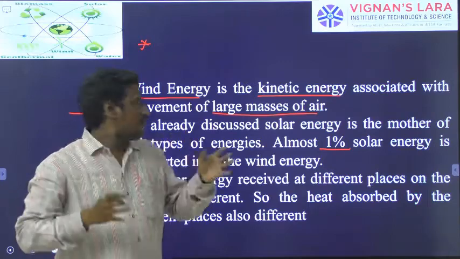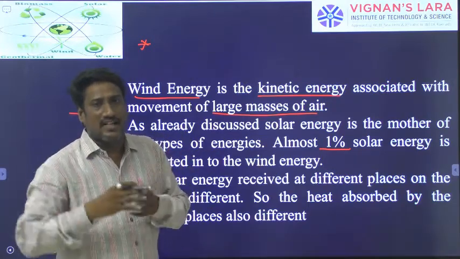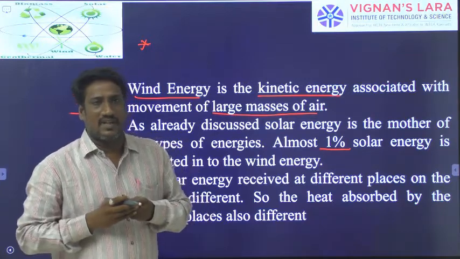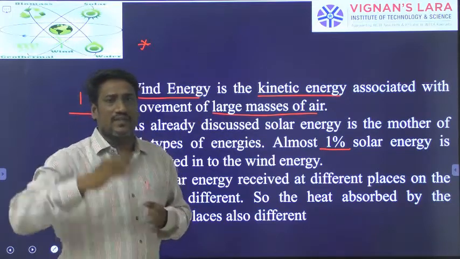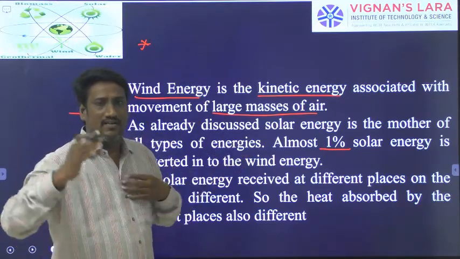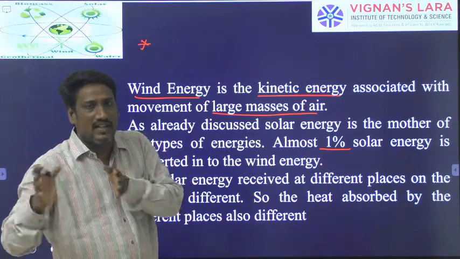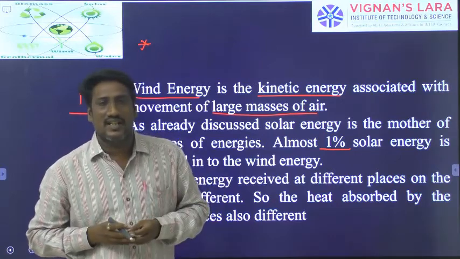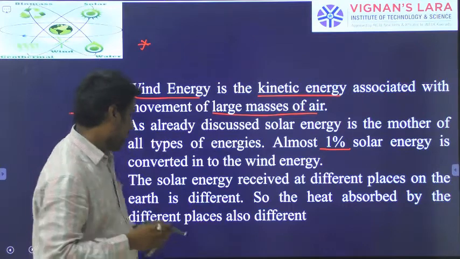Because of the high pressure created in the cool area, cool air will flow from the low temperature area to the high temperature area. This will be the movement of the wind, and the kinetic energy associated with that wind you can call wind energy.